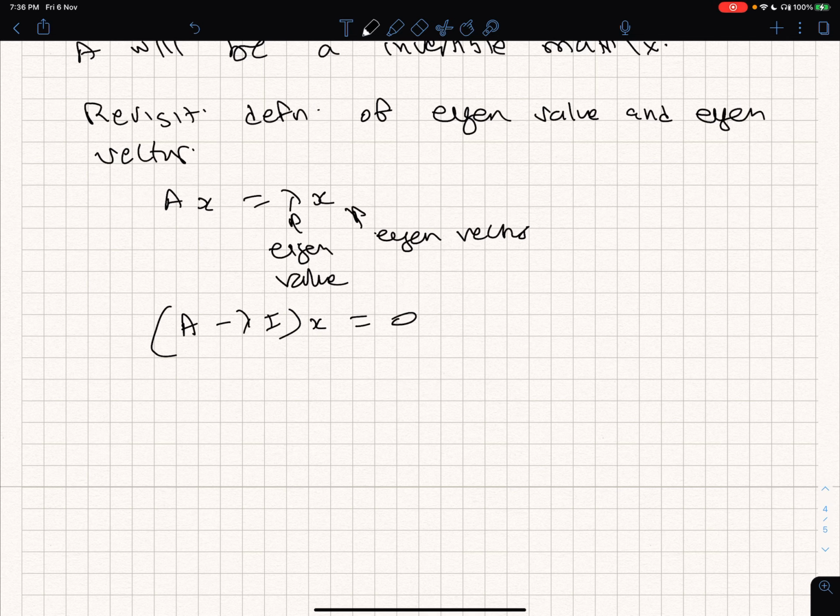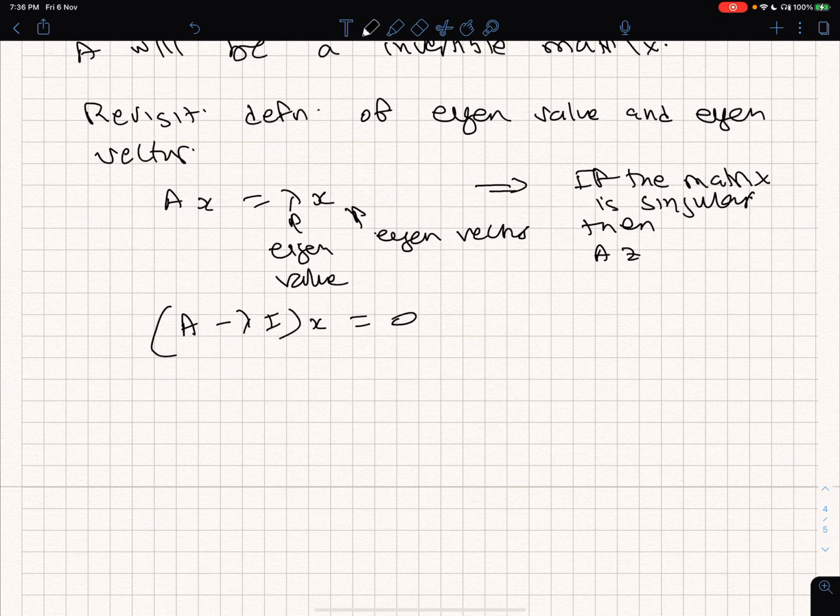From here it is also apparent that if the matrix is singular, then there is some vector z not equal to 0 such that A z is 0 times z, which is 0, because the 0 vector can always be written as 0 times z.